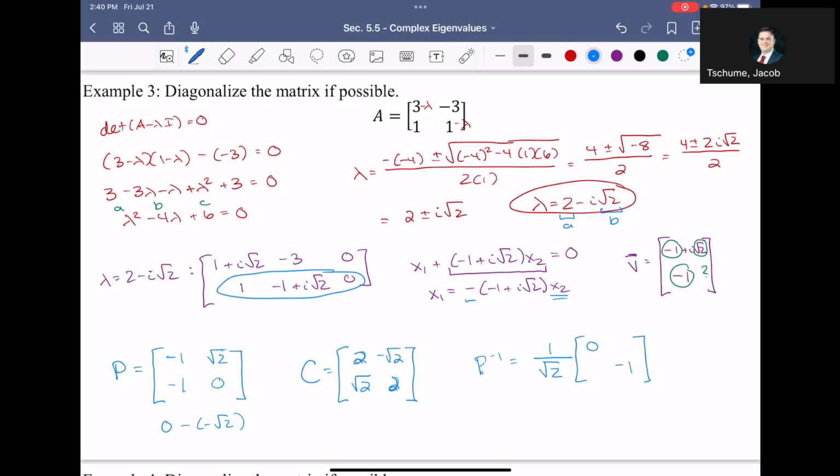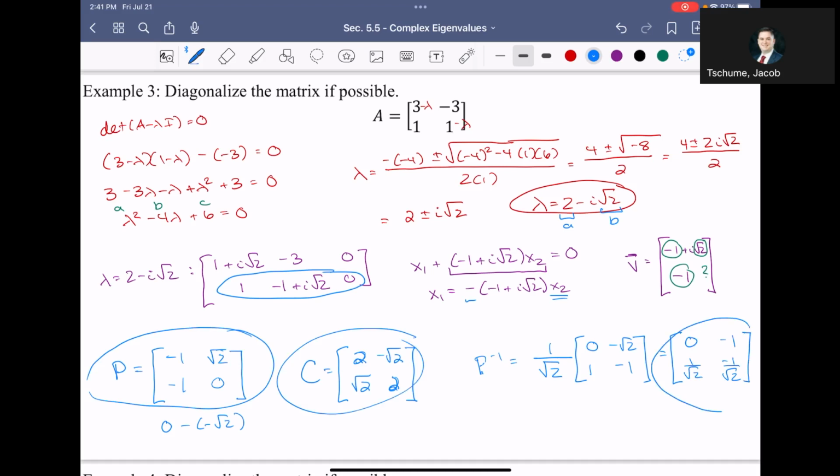And then the two numbers on the other diagonal, you negate those. So you'll get a +1 in the bottom left and a -root 2 in the top right. And then you need to distribute that constant that you just got through. So we should end up getting a 2x2 matrix of P inverse as 0, -1, 1 over root 2, -1 over root 2. And now you have your 3 parts of the factorization of this 2x2 matrix.